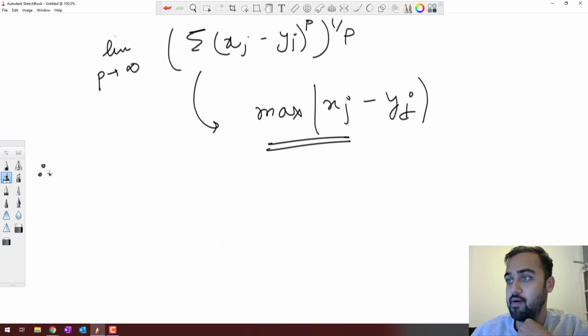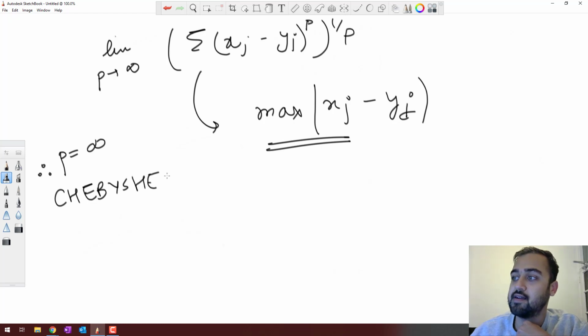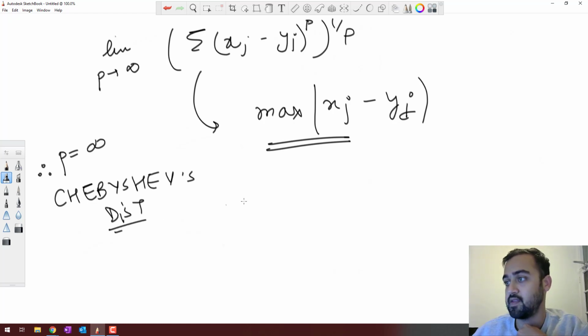Therefore, for p equal to infinity, also called Chebyshev's distance, it is equal to the max of the absolute value of xj minus yj.